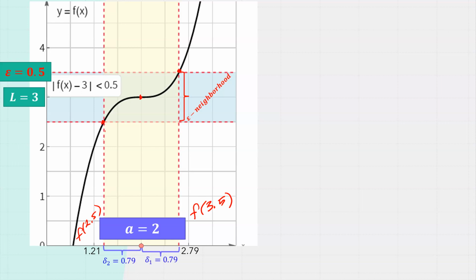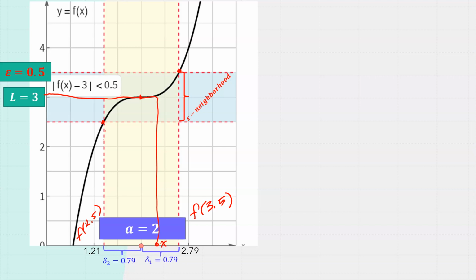What are you going to choose your delta to be? Just let delta be 0.79, so that whenever you have an x value, say right here, f of x is going to map right onto the epsilon neighborhood. So we're forcing all of these values to be within that really tiny distance epsilon.